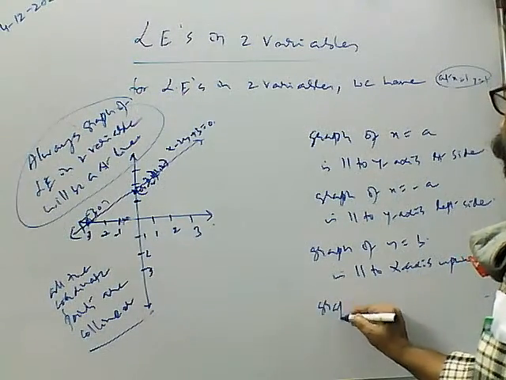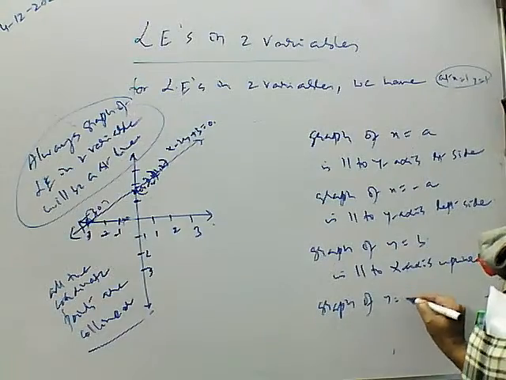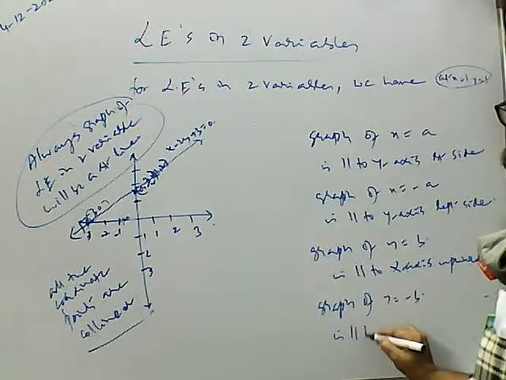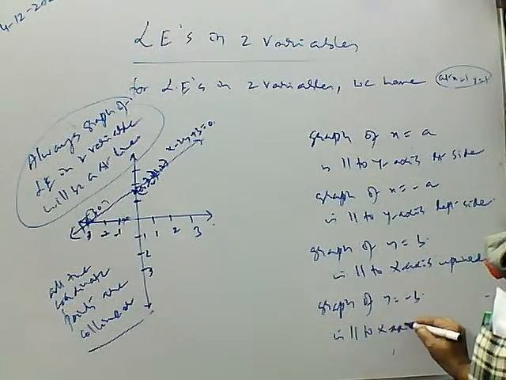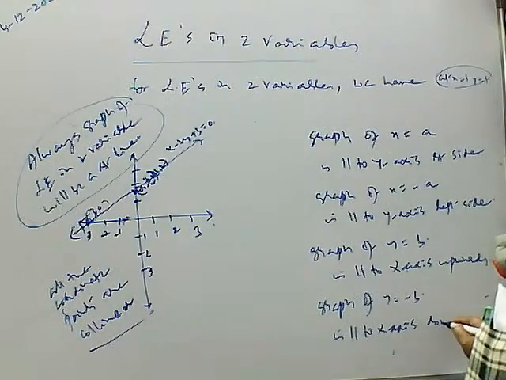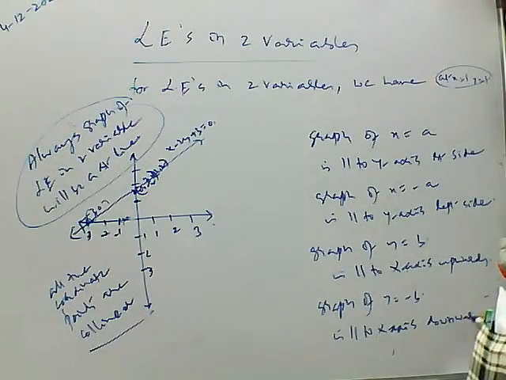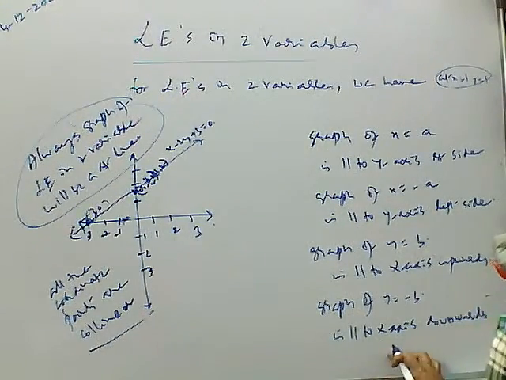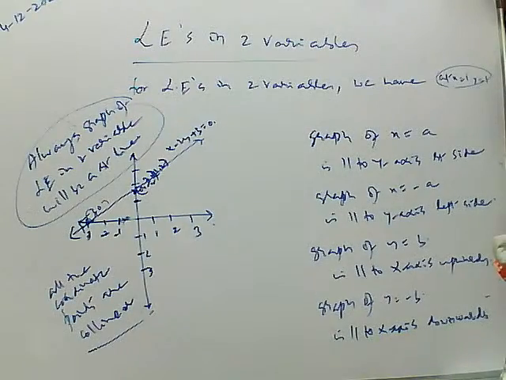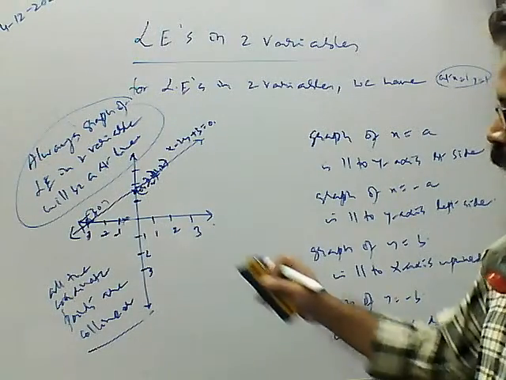Next, the graph of y is equal to minus b is parallel to x-axis, downwards.